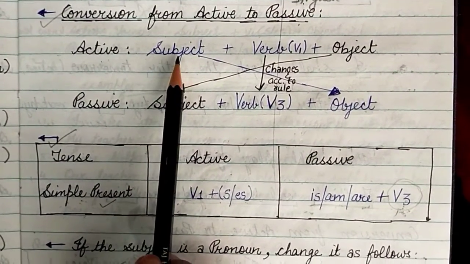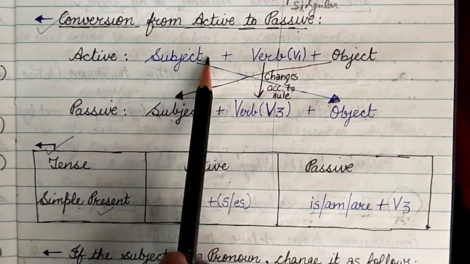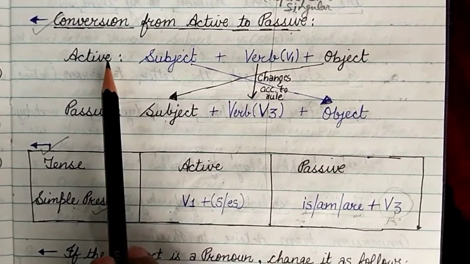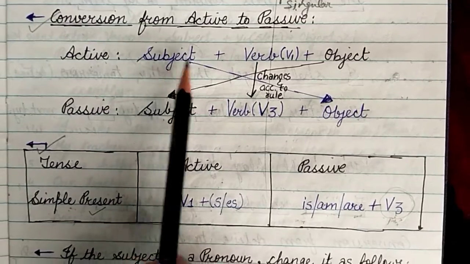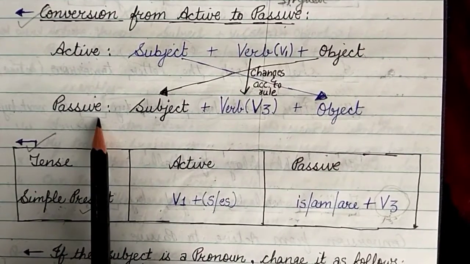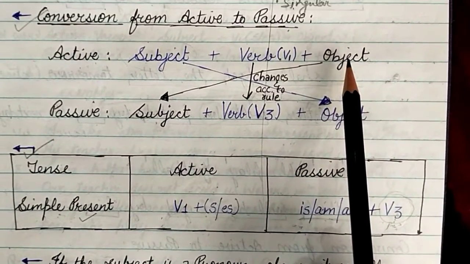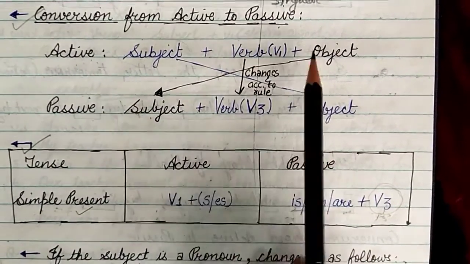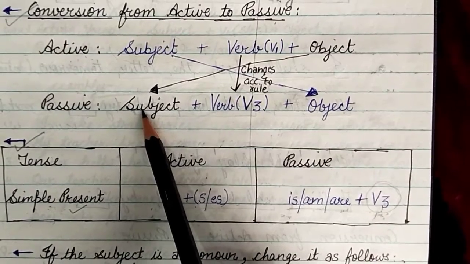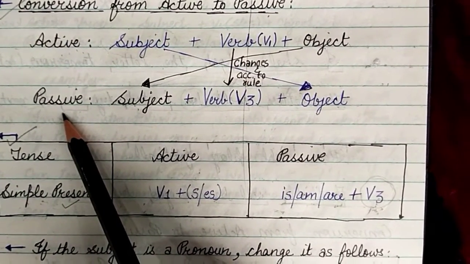So let's recall. I told you the subject of an active sentence becomes the object when you are converting it into passive. Similarly, second step, the object of the active sentence becomes the subject when you are converting it into passive.